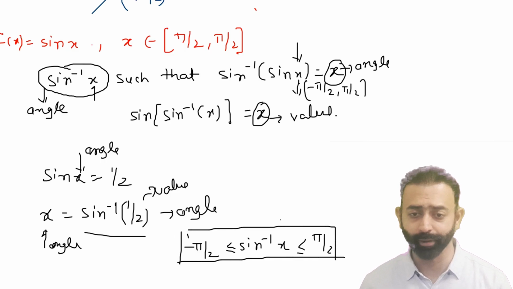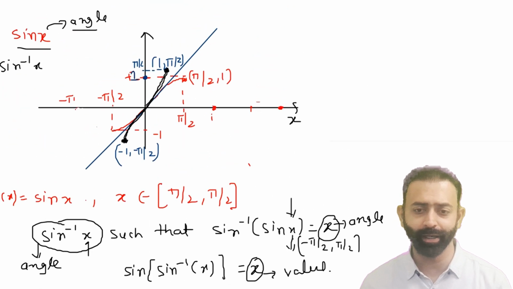This you should remember. And from the graph also you can verify that the lowest value is minus pi by 2 and the highest value is plus pi by 2.